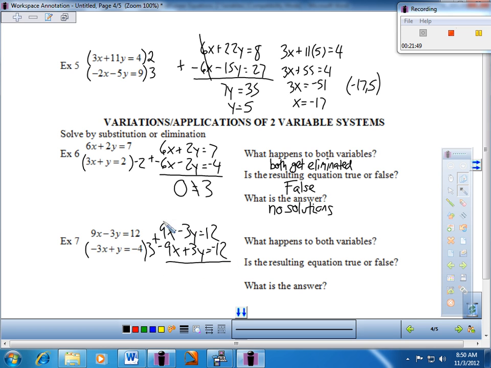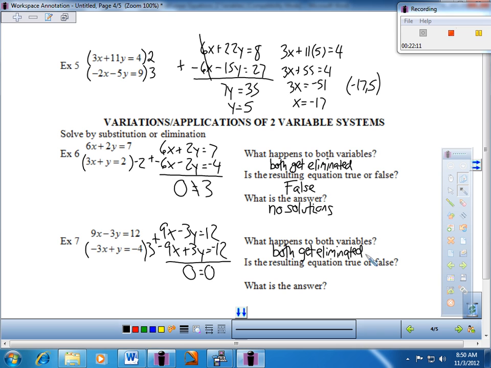What happens on this side? Well, both get eliminated, and so I'm left with 0. And on the other side of the equation, when I added those together, I end up getting 0. So let's again answer the questions here. And you could probably guess what's happening. Both get eliminated. Just a consequence of trying to eliminate one accidentally eliminated the other.